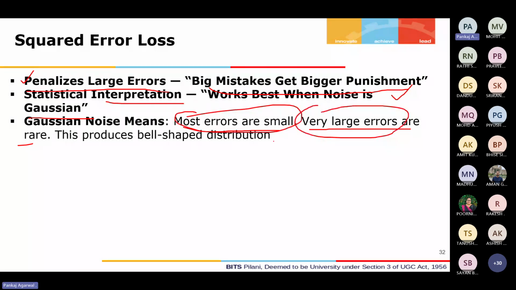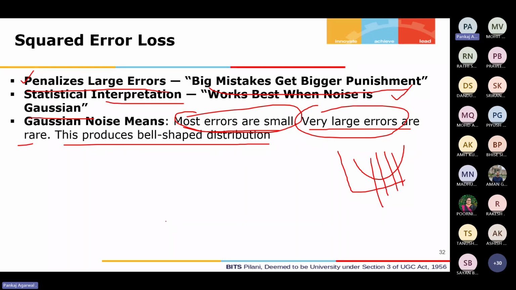This concept is very much a fit to a Gaussian thought process, right? This actually produces the bell-shaped distribution. That means most of your errors lie within these particular regions, and there are, I would say, large errors from the extreme ends of both sides. They're always rare, and this is what happens in most of the data that you get.